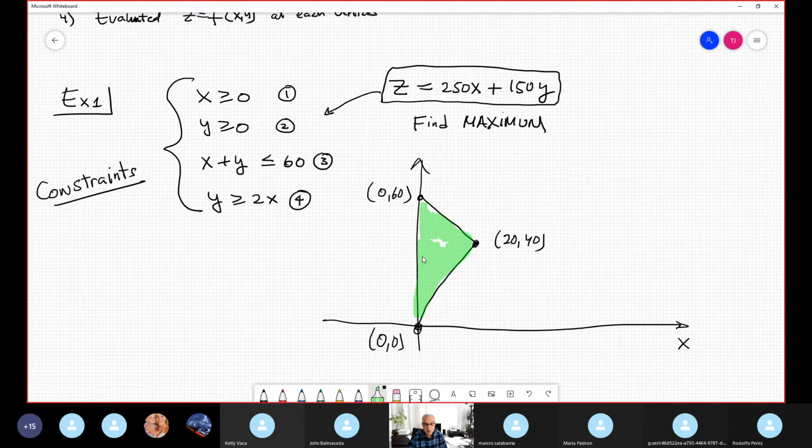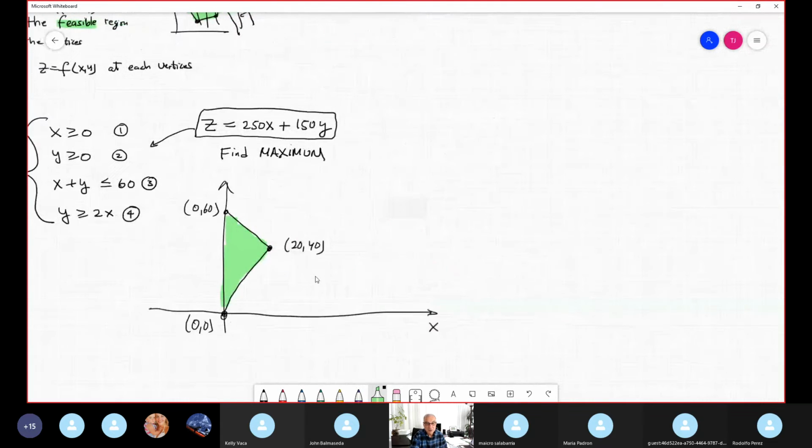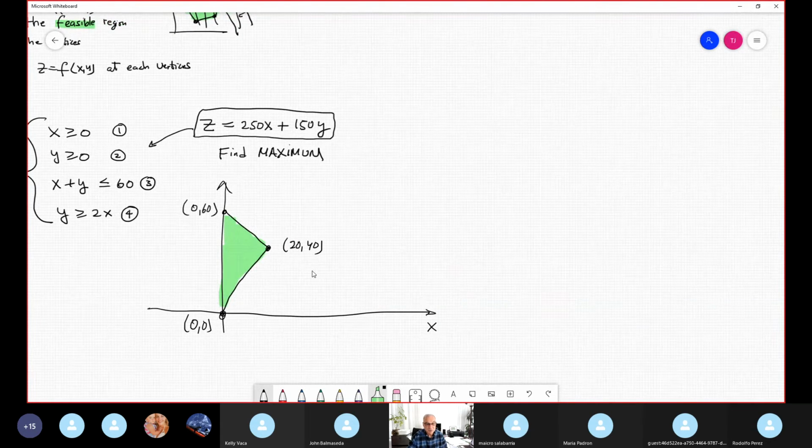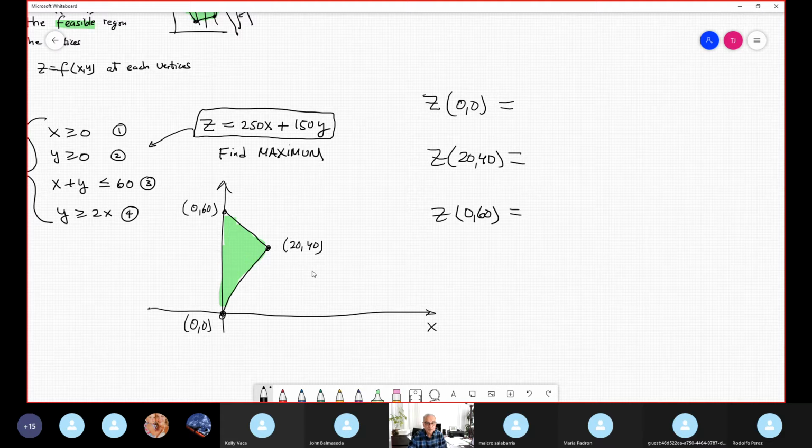Now you don't need to draw the line. You take the objective function, C, and you evaluate it at each corner. 0,0 is the first one, 20,40 is the second, and 0,60 is the third one.